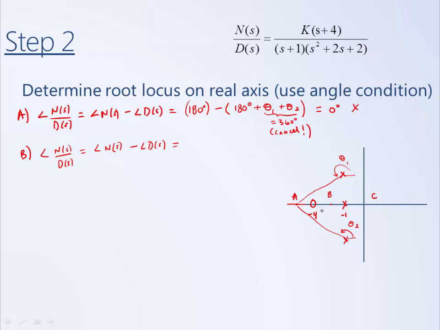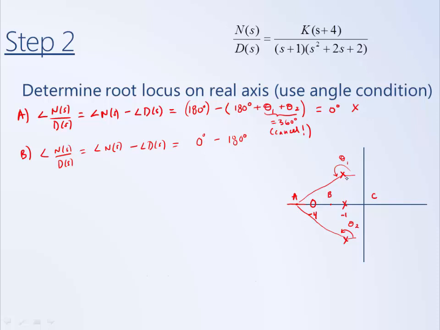In this case, if we draw a vector from the 0 to the test point in the region B, that's at an angle of 0. And then if we draw an angle from the open loop pole at minus 1, that's to the left, so that's an angle of 180 degrees.